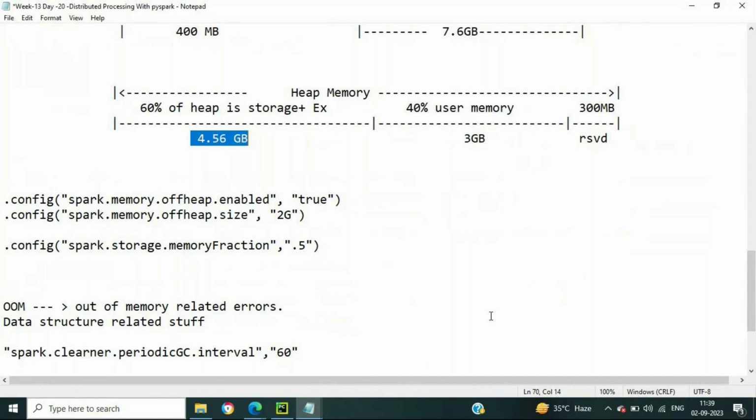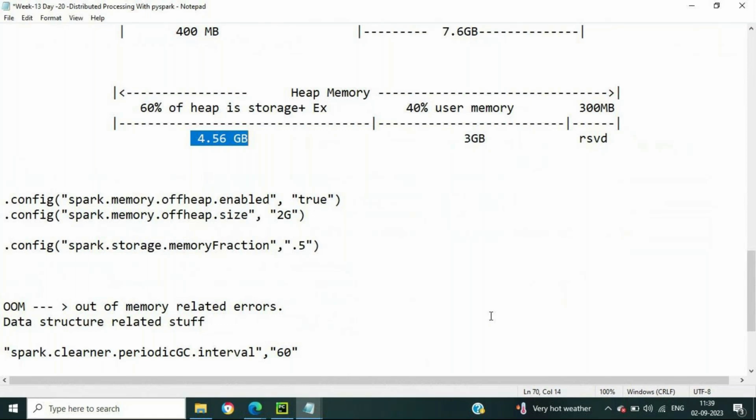Heap. So heap is inside the JVM. All the execution is done inside the JVM in PySpark. Entire execution is done inside the JVM. Off-heap is just utilized in order to maintain the objects which are being created and are not in use.